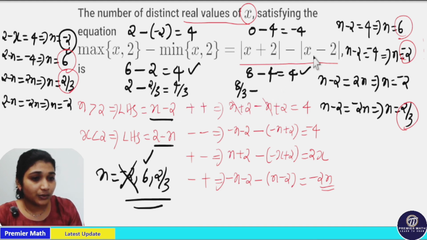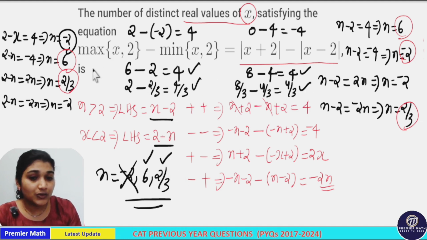And 2 by 3 minus 2 is equal to minus 4 by 3, so the modulus of minus 4 by 3 is plus 4 by 3. Now 8 by 3 minus 4 by 3 is equal to 4 by 3. So the LHS equals the RHS, and we can take the value 2 by 3 as well. So x can have two values.